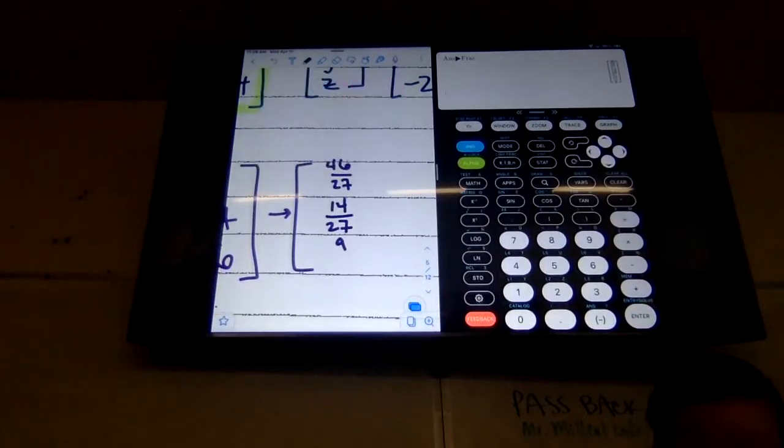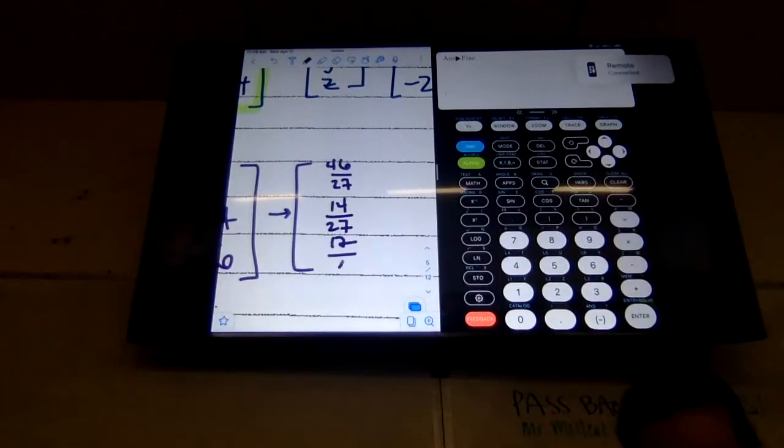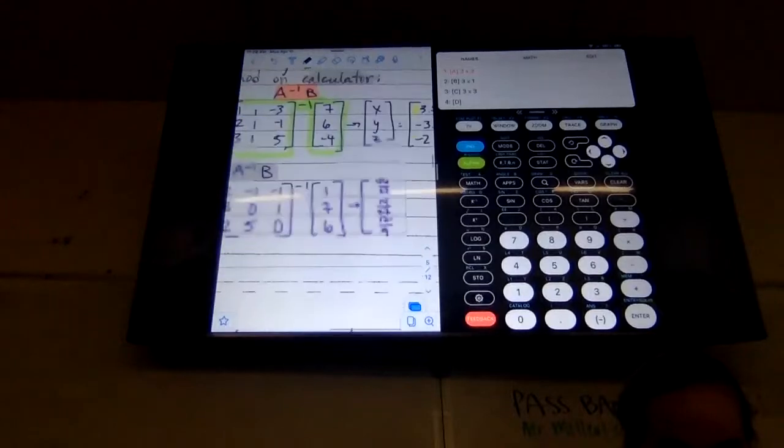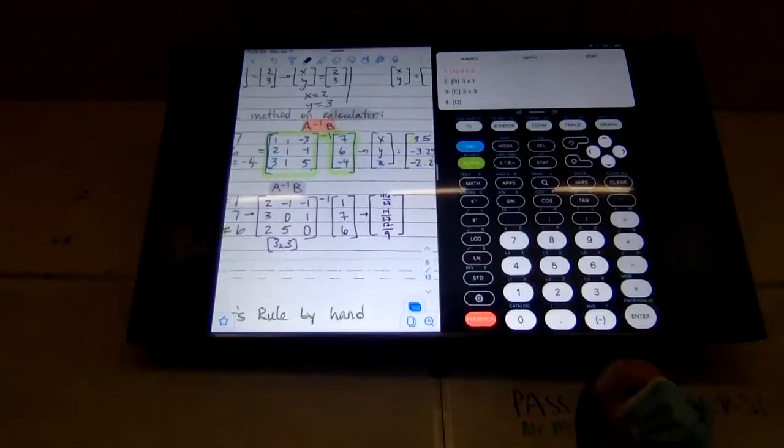I did my second matrix, excuse me, and my A was just already by itself, ready to go. So then when you multiply them in the calculator, how did you do that again?